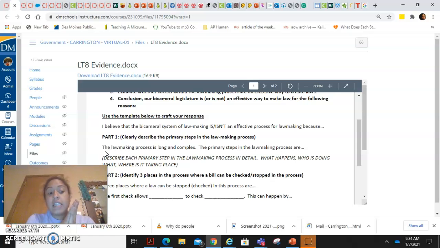That idea is then introduced to one chamber of the Congress, whether it be the House of Representatives or the Senate, okay? The type of bill will dictate which chamber of Congress the bill is introduced to, okay? So this idea or bill is introduced to the chamber, right?